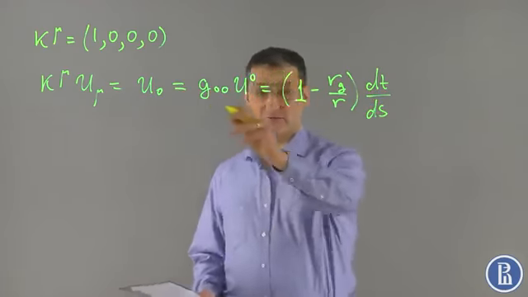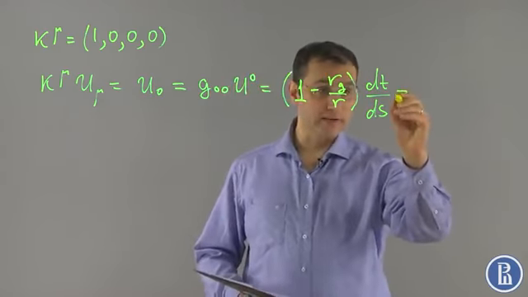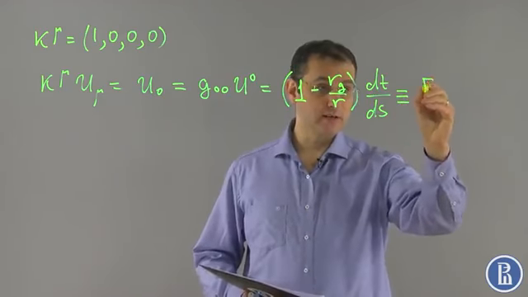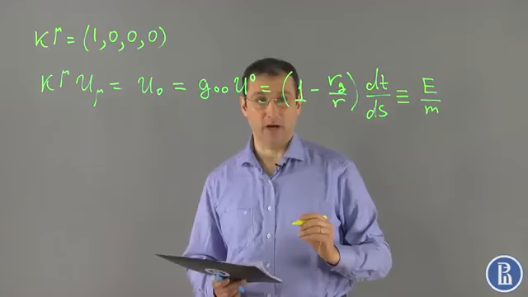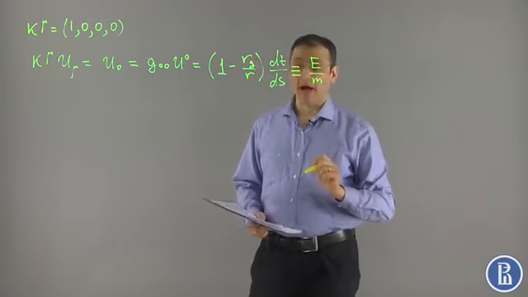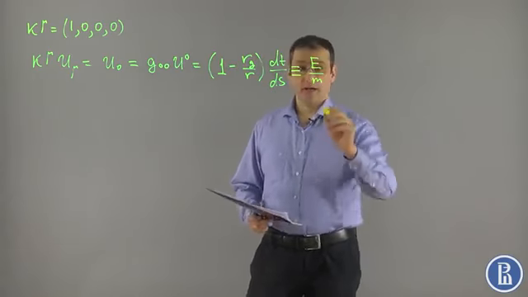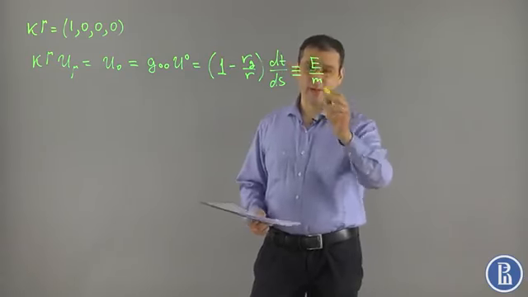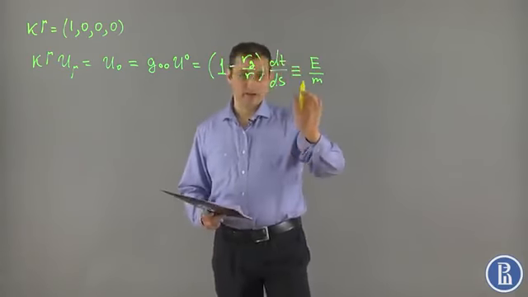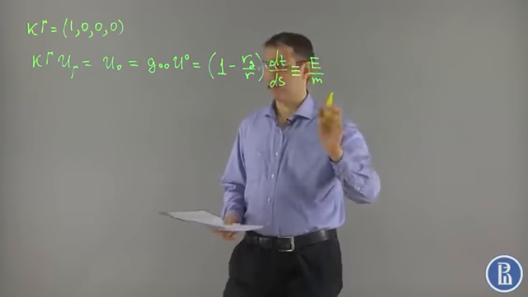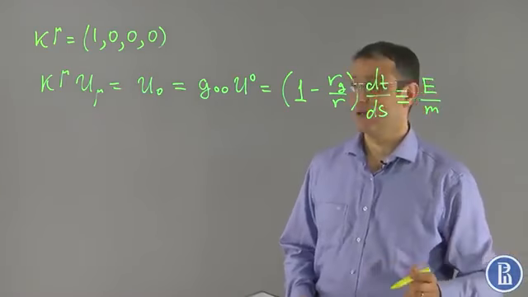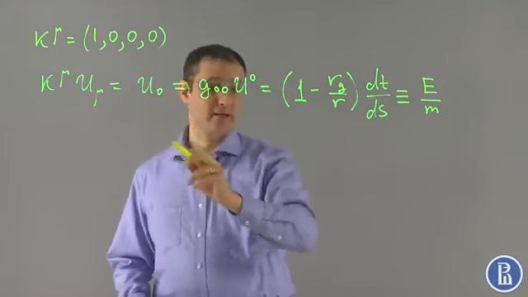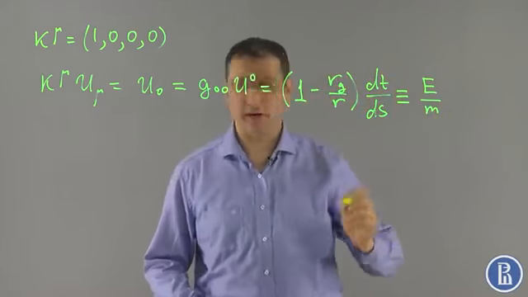So this is a conserved quantity. We will denote it as E divided by m, where m is the mass of the particle. E, we're going to explain, is energy, but at this moment one can say that, according to Noether's theorem, every symmetry has as a consequence a conservation law.